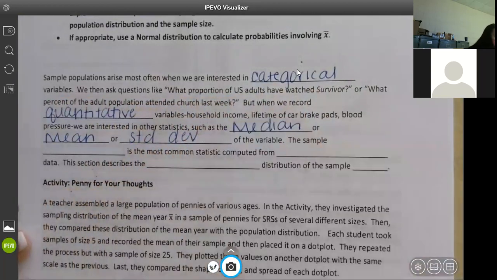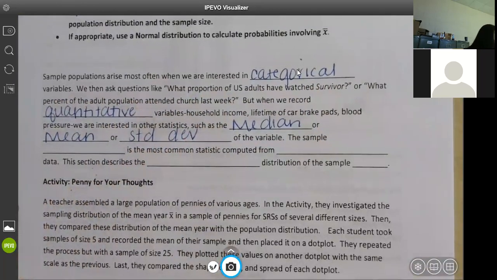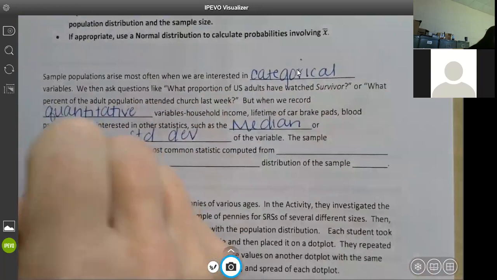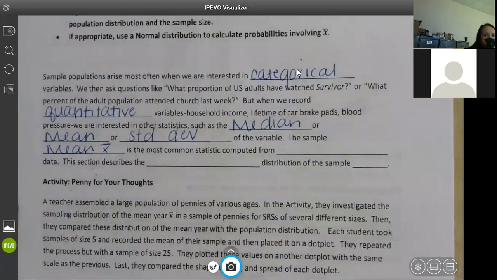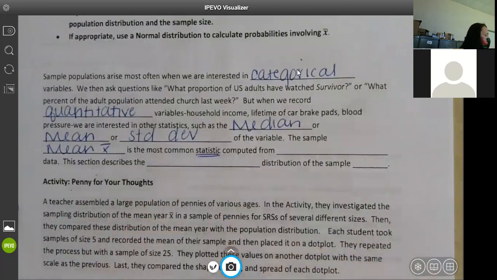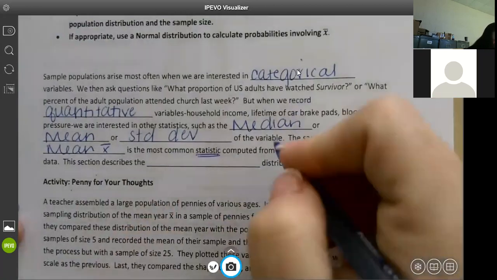Or the standard deviation of the variable. The sample mean, or X bar, is the most common statistic. Remember, it is a statistic. Don't forget statistics and parameters. Computed from quantitative data.